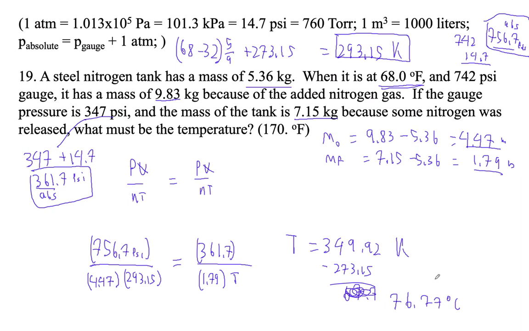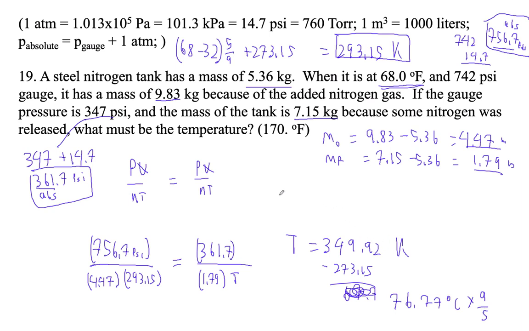So that is how much it is above the freezing point, right? So multiply by 9/5, and this will give us degrees Fahrenheit above freezing. So times 9 divided by 5. It's 138 degrees above the freezing point of water in Fahrenheit, and then add 32, and I get 170.